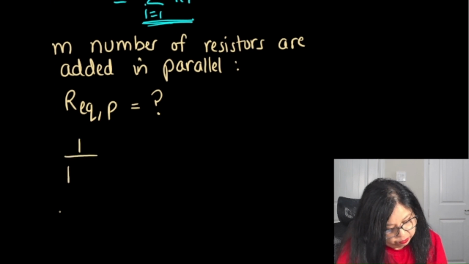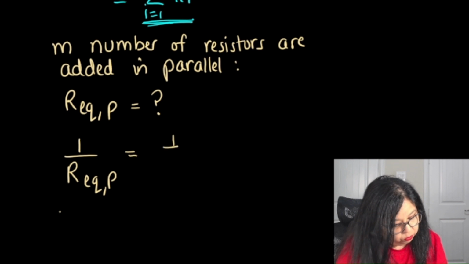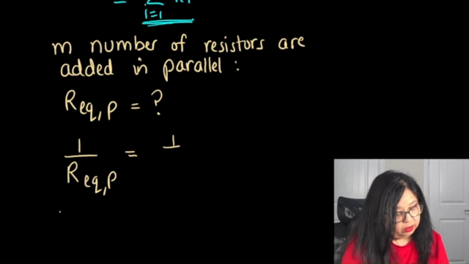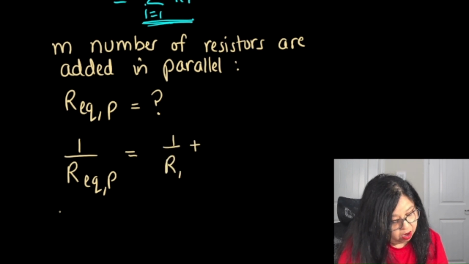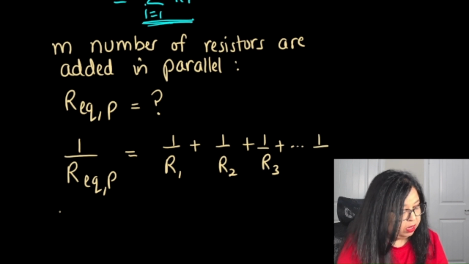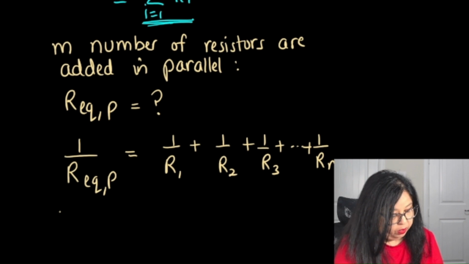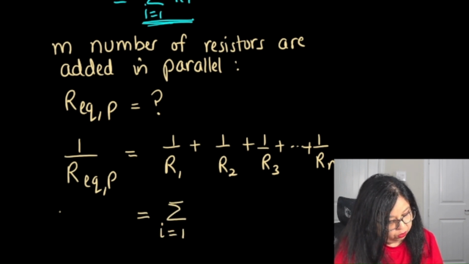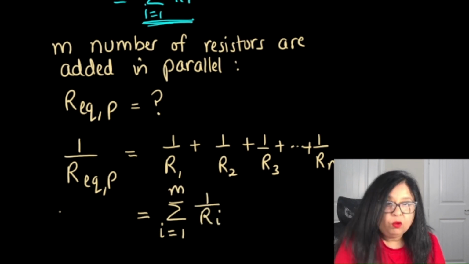First of all, you will write 1 over R equivalent equals 1 over R1 plus 1 over R2 plus 1 over R3, and so on, till you get to 1 over Rm. So once again, you can write this as summation of i going from 1 to m, and this summation is of 1 over Ri.